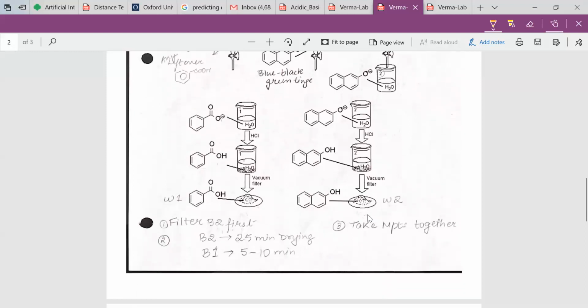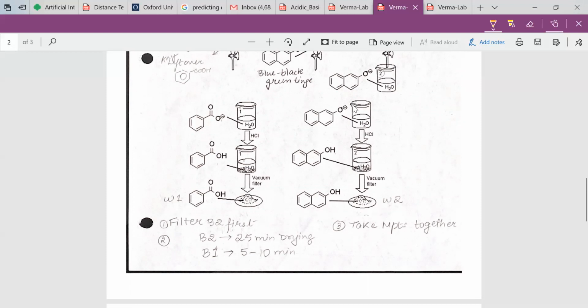After the vacuum filtration, you will collect your material on a watch glass. Make sure to remove the filter paper before you scrape out this material on your watch glass.